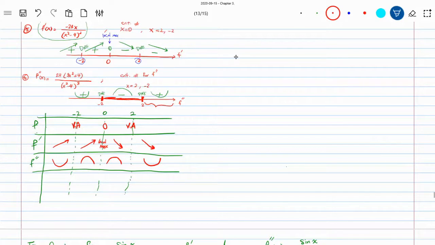Now correspond to each section. If you have an increasing function and concave upward, how does it look? Increasing and concave up is something like this. If you add this portion to it, it's not increasing. So that's not possible. So the curve has to be increasing and concave up.